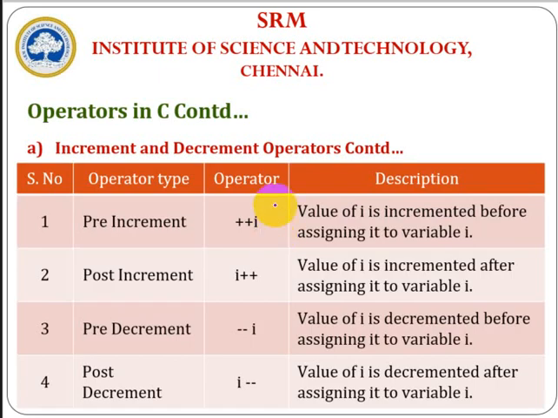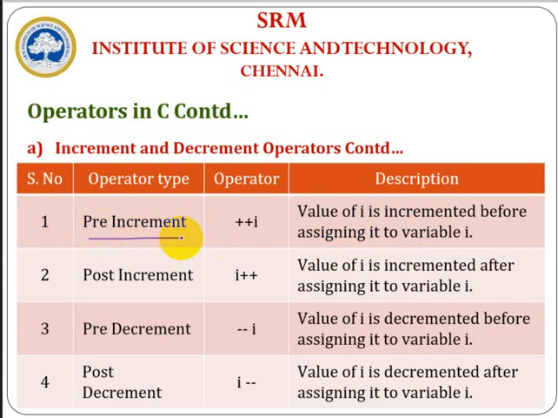Mostly in our looping and all, we will be using ++i, --i. So what happened here is the value of i is incremented before assigning to the variable. Just keep in your mind, whenever you are going for the pre-incrementation, first the value will be incremented and then only it will be assigned.